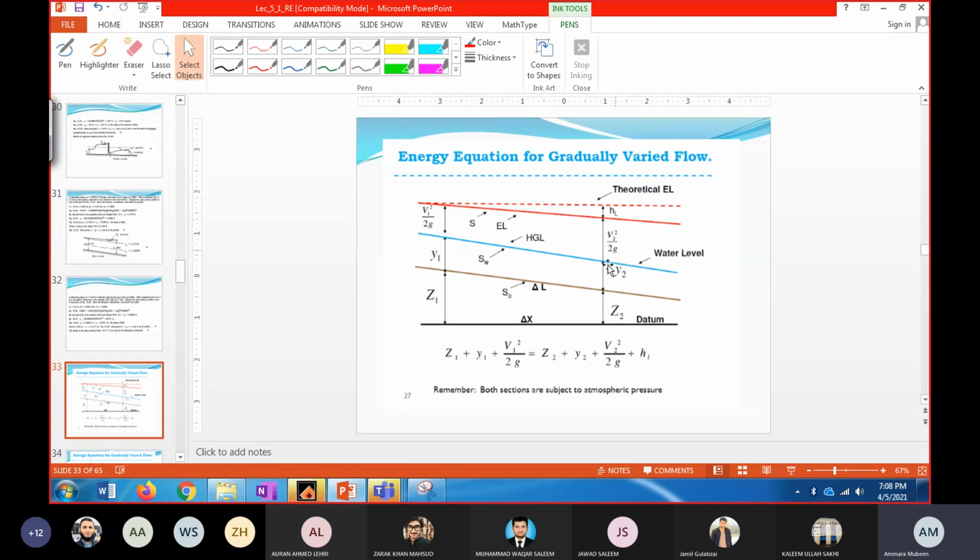Okay, so the energy equation for open channel flow would be like this: Z1 plus Y1 plus V1 square over 2G is equal to Z2 plus Y2 plus V2 square over 2G plus HL. When we consider two sections in the flow in the reach, and delta L is the length between these two sections.